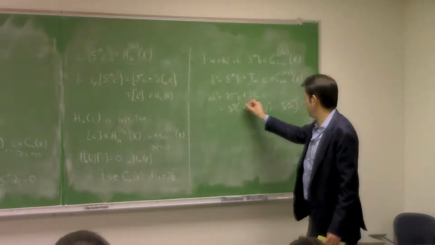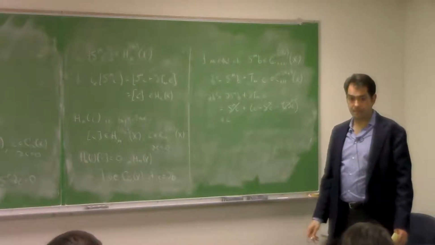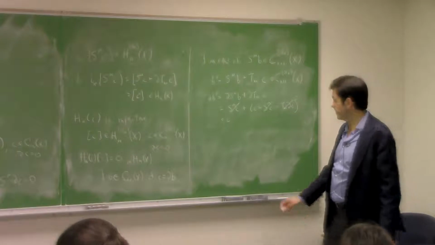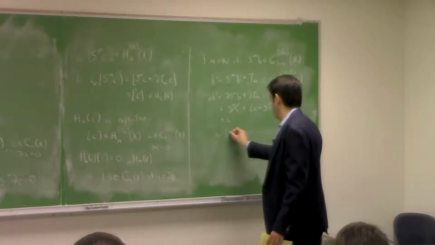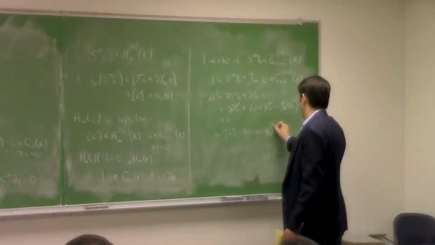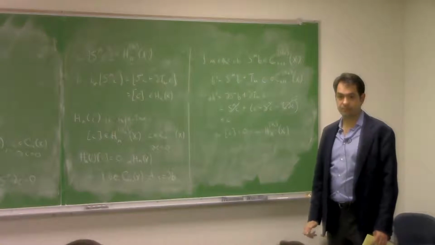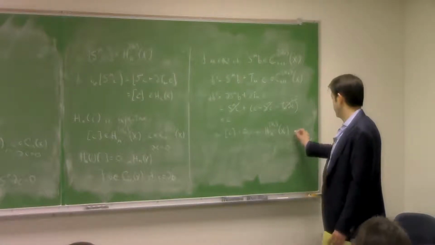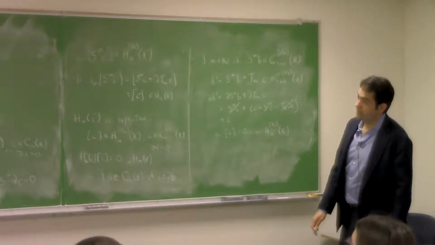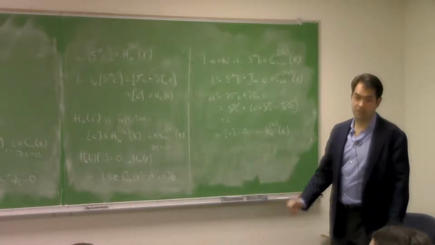And then SmC cancels with SmC, and we end up with just C. So the class of C is equal to 0 in Hn X corresponding to the cover. OK. So the proposition is proved if we can construct S and T with these properties.